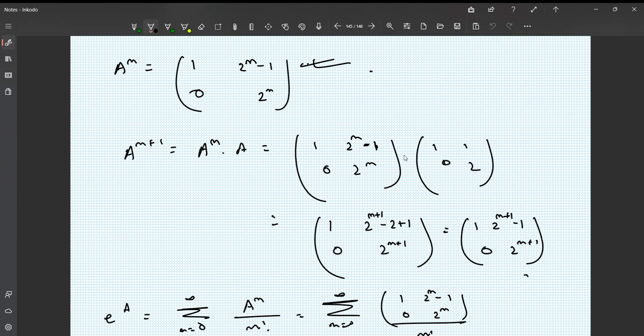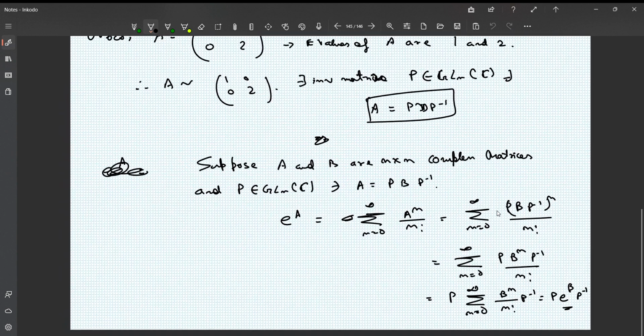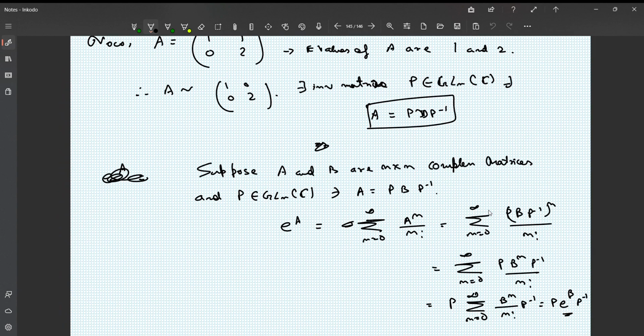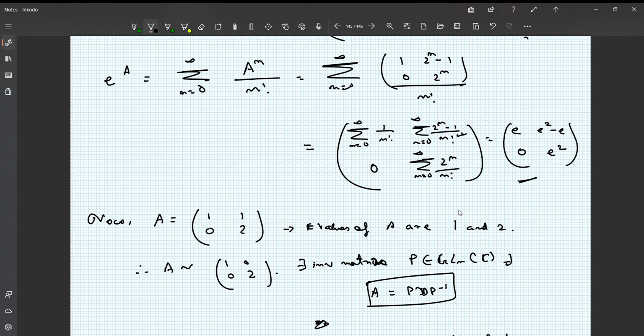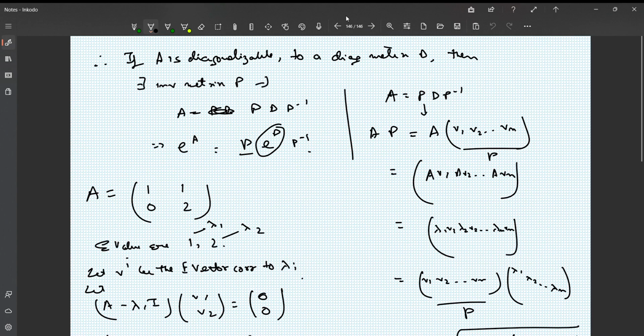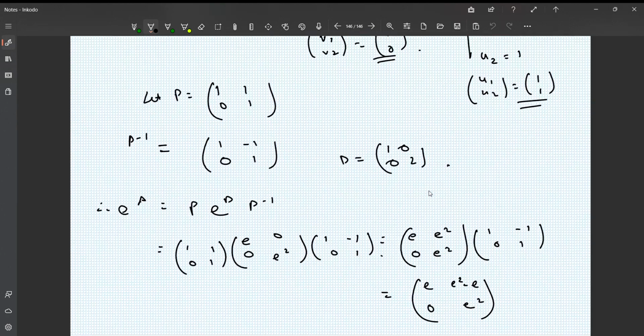Let me just go back to the previous page. Where was the answer written? Yeah, we had got this, right? So it's obvious that if the matrix is in a form where the inductive form of its powers is difficult to calculate, then the diagonal form comes as a rescue. I guess it's now easy to observe this.